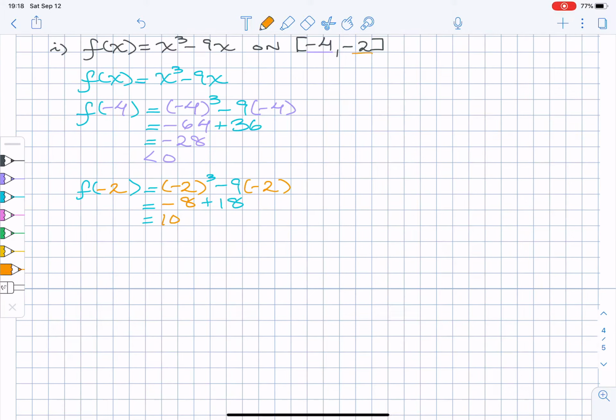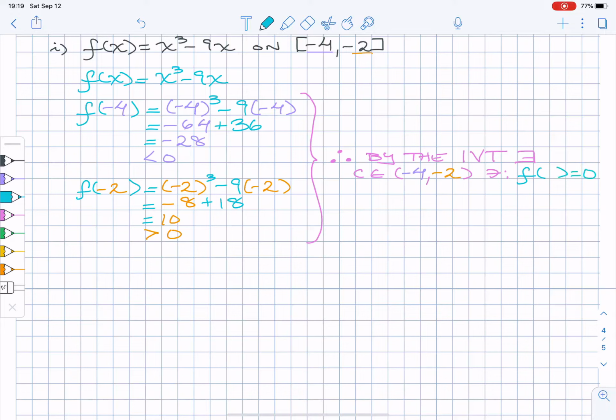Okay, so that 10 is greater than 0, right? So therefore, by the IVT, there exists some constant C between -4 and -2, non-inclusive, open parentheses, such that F, let me write F in blue, F at C is equal to 0.